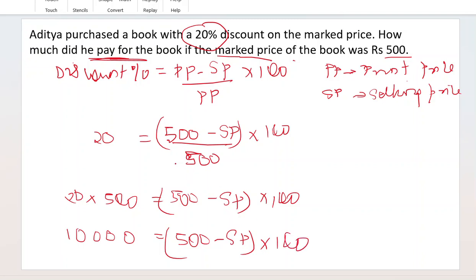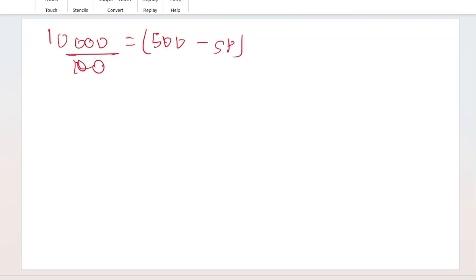The first step which I did is I took the 500 there. Now what I do is I bring the 100 down. Bringing the 100 down, I do 4 zeros, and it is equal to 500 minus SP. To bring the 100 down, I get 100 is equal to 500 minus SP.